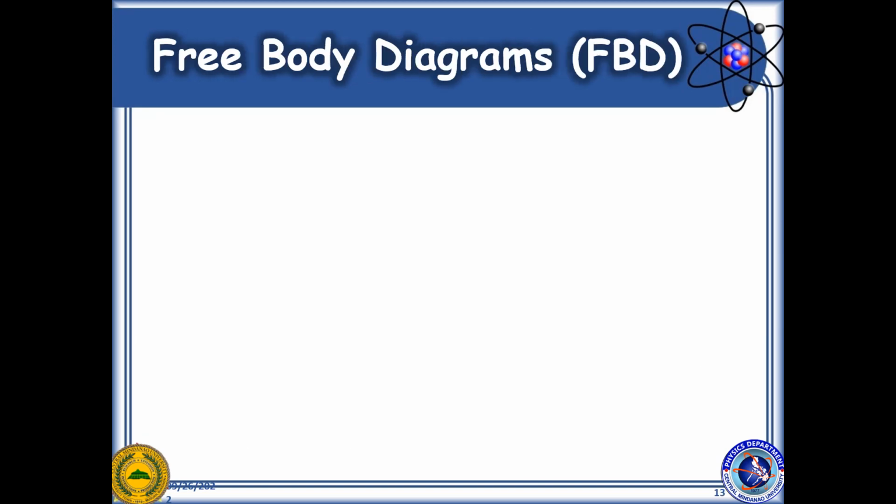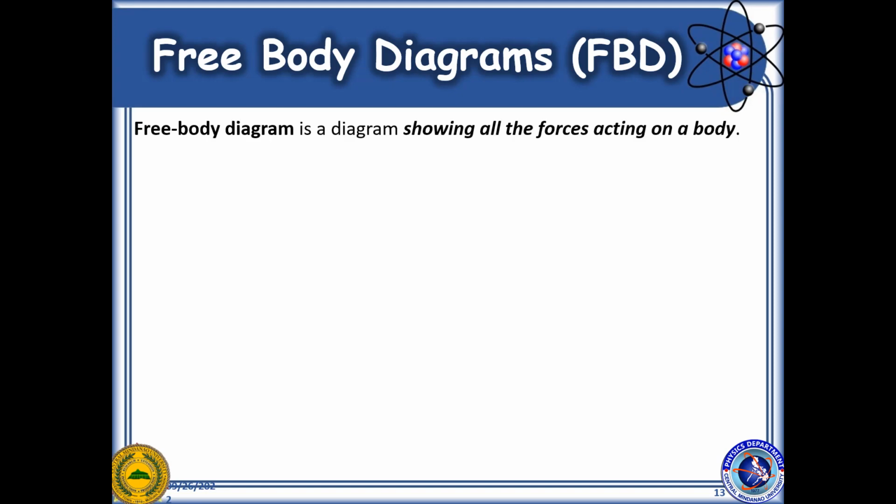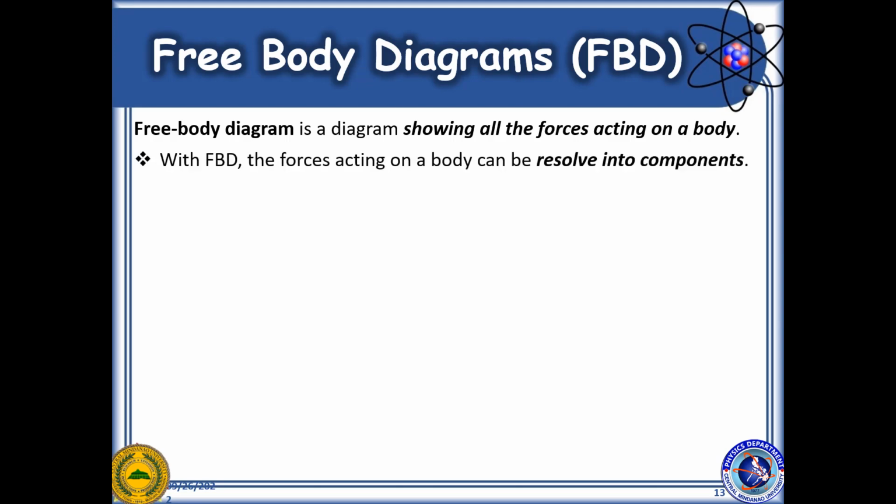Let us get acquainted with the free body diagram, abbreviated as FBD. It is a diagram showing all the forces acting on a body. We use the free body diagram to illustrate all the forces acting on a body, and the forces can be resolved into components.